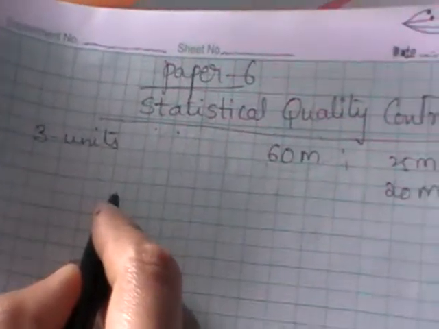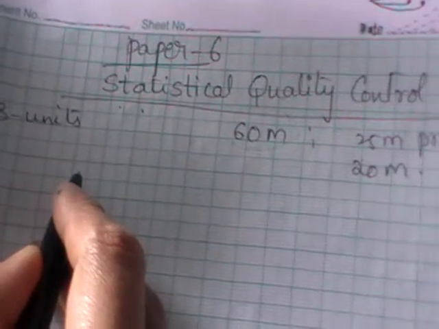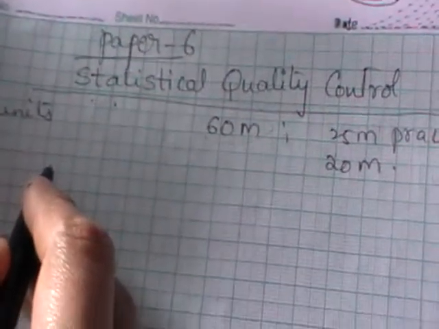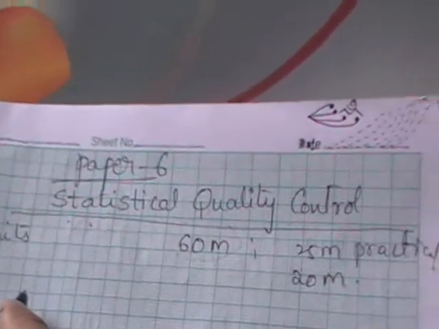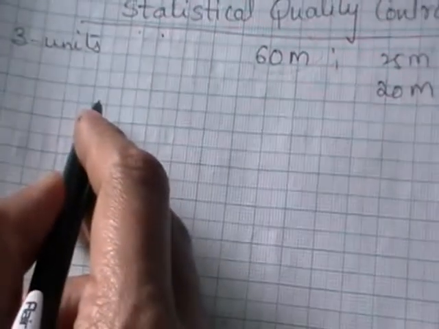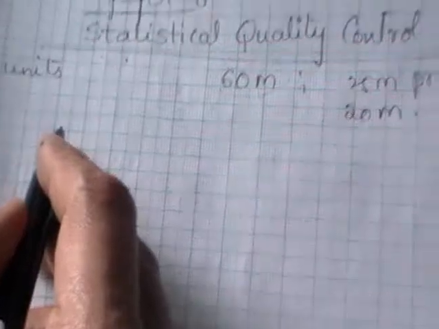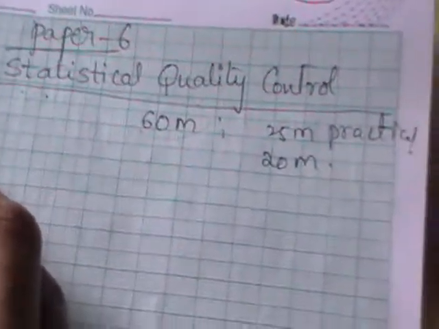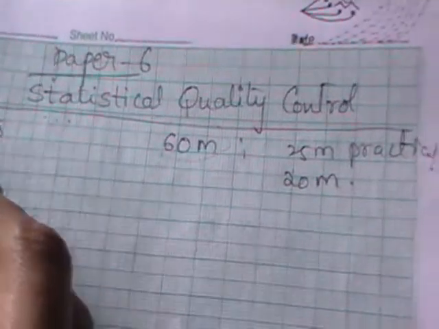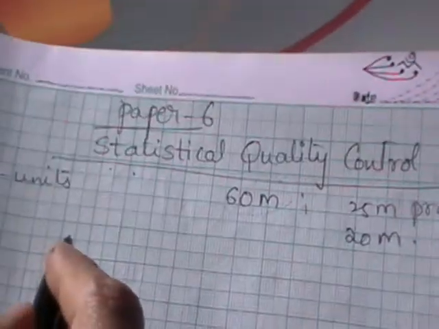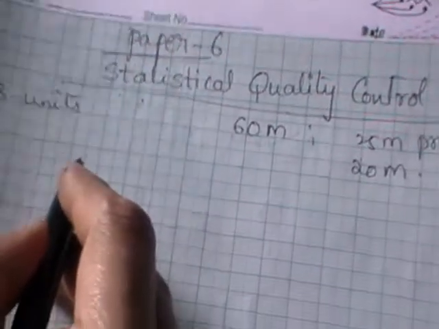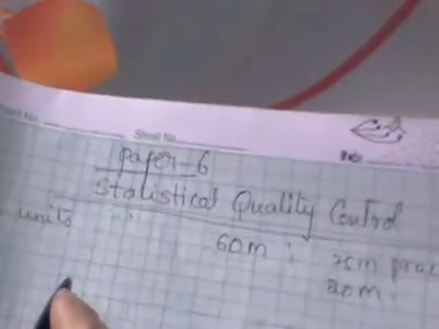SQC is termed as statistical quality control. And in the first unit you have the importance of SQC, dimensions of quality, statistical basis for Shewhart charts, construction of control charts for mean, range and standard deviation, and also for attributes, P and NP charts. So the first unit consists of an introduction to SQC: what is SQC, what are the bases for SQC, and what are the control charts.